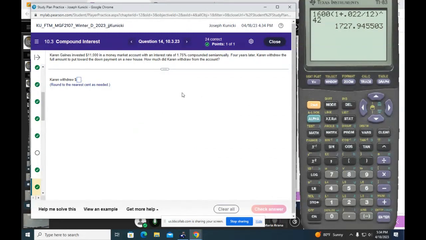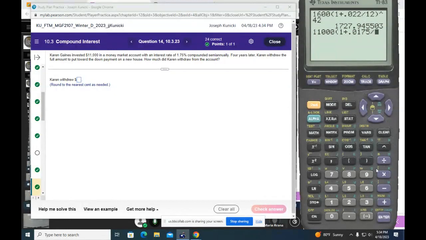All right, Karen invested 11 grand at 1.75% compounded semi-annually. 4 years later, she withdrew the full amount to put down as a down payment on a new house. So this is realistic. It's a low percentage though, but that's how it goes. 11,000. You'd think for 11,000 she'd get a higher rate, but apparently she didn't do her homework.